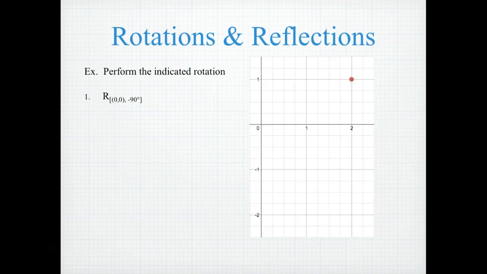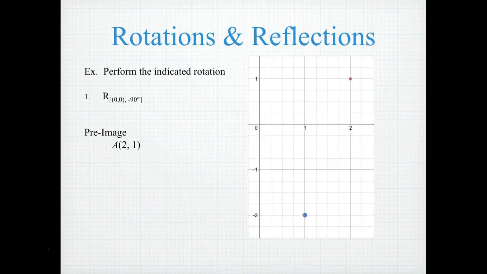Next, we're going to perform a rotation of -90 degrees about the origin. Here we have a pre-image of 2, 1. We draw our line segment from the pre-image to the origin, and we draw a 90-degree angle at the equivalent distance, and that lands on the image, which is the coordinate 1, -2.